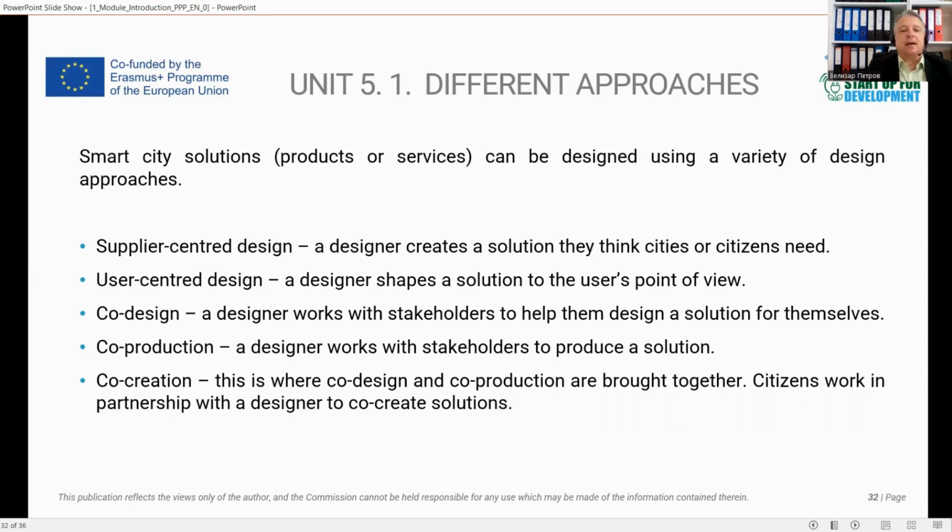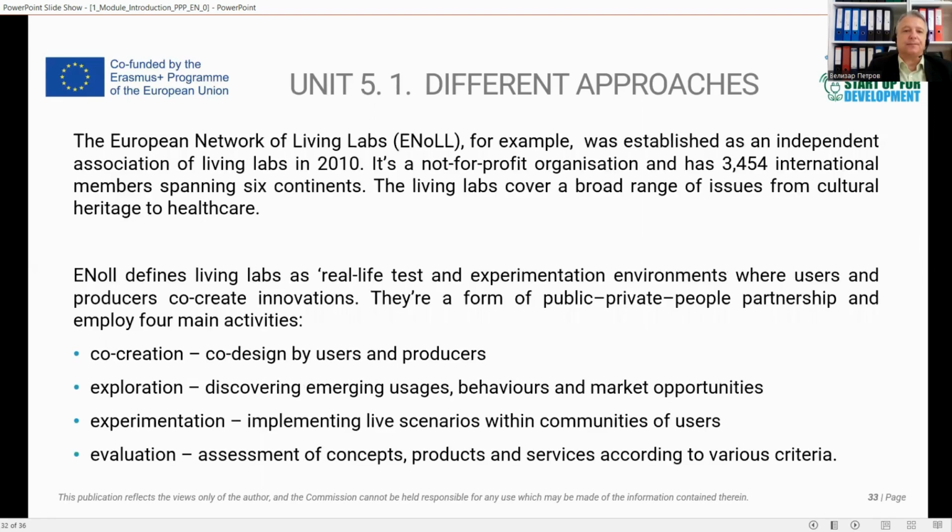Co-design: a designer works with stakeholders to help them design a solution for themselves. Co-production: a designer works with stakeholders to produce a solution. And co-creation: this is where co-design and co-production are brought together. Citizens work in partnership with the designer to co-create solutions.